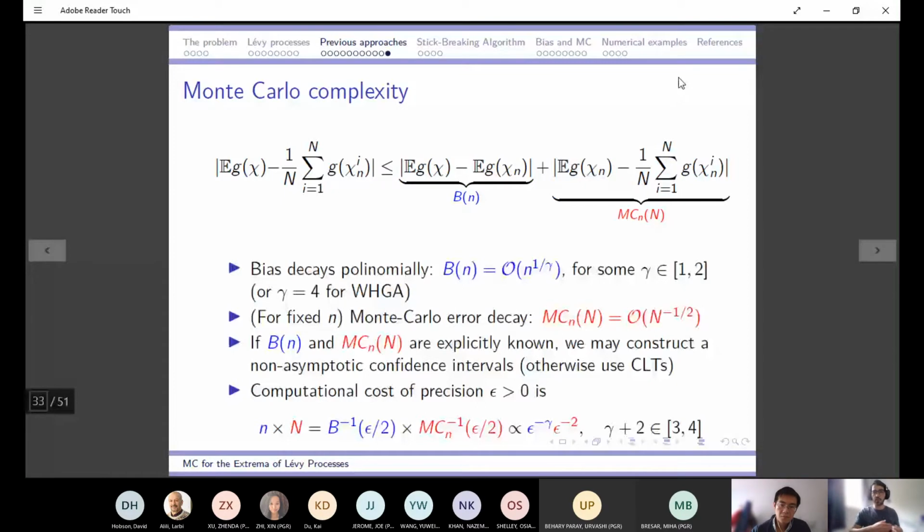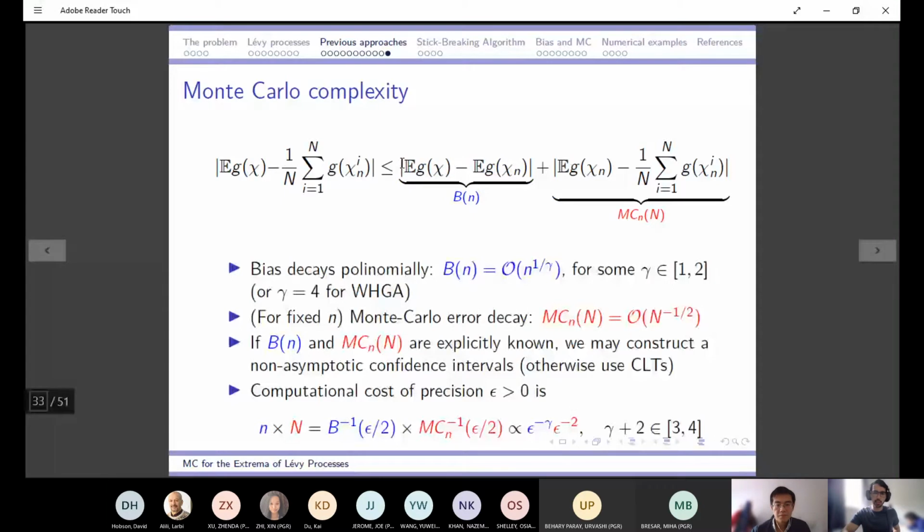So the deviations from its mean are essentially the variance, which is the sum of the variances over n squared, which is just the variance over n, right? So if I want this difference to be smaller than epsilon, then this N will roughly have to be of order epsilon to the minus 2. Okay, and that's always the case. That's unavoidable. So really, what I want to improve on is the bias of my approximation.